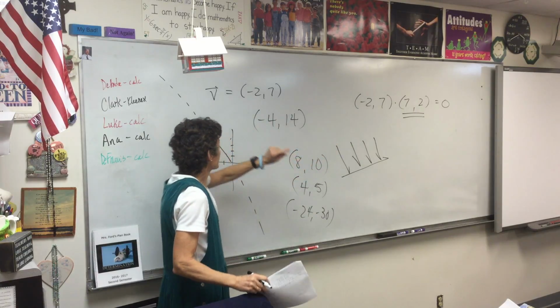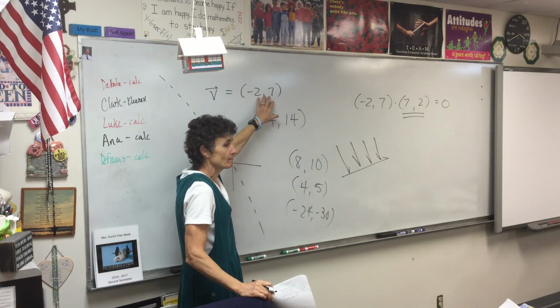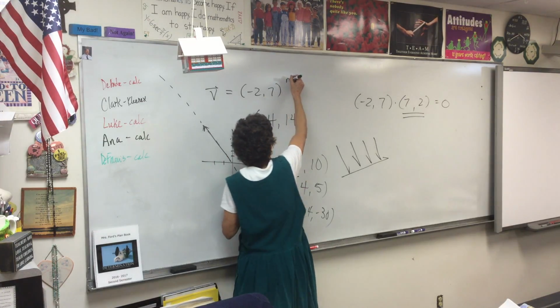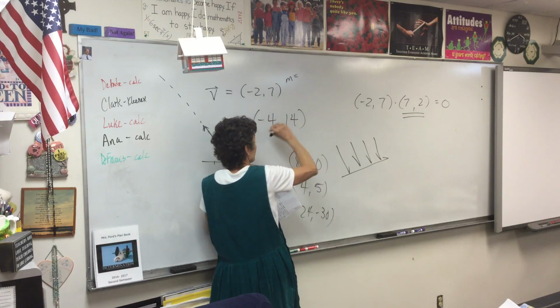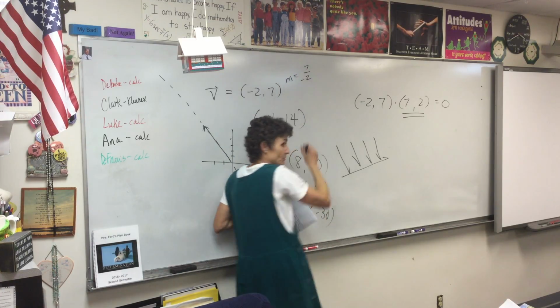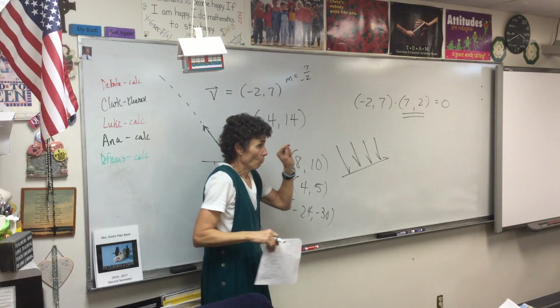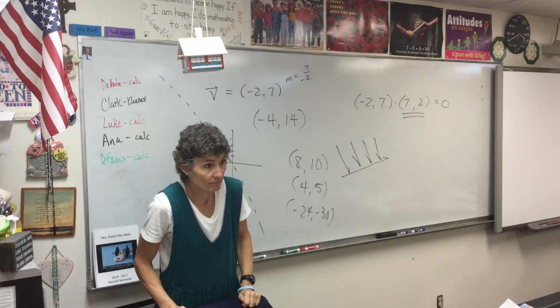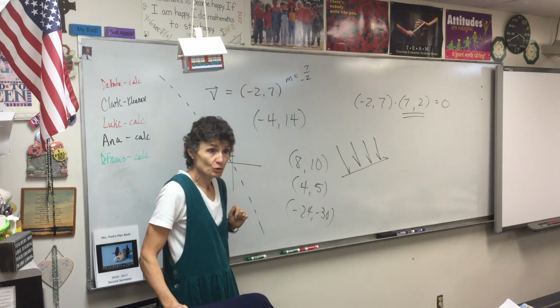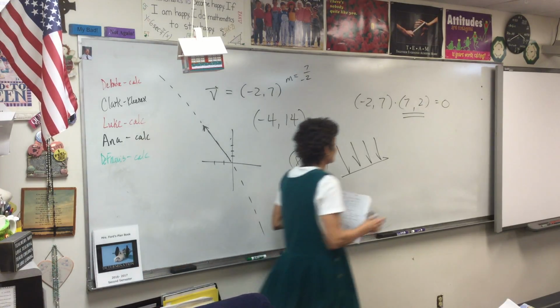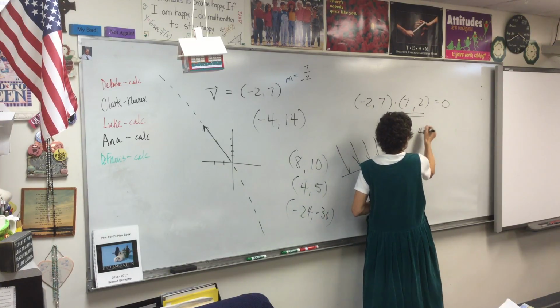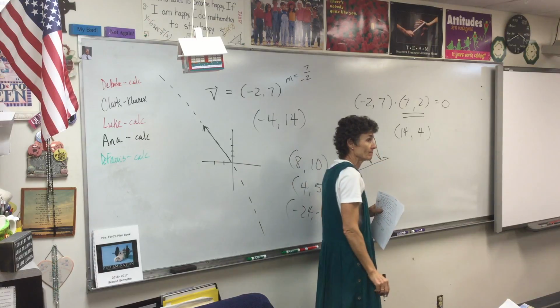Think about this for a second. How does this vector move? Left 2, up 7. So what's its slope? What's the slope of this vector if it goes left 2 and up 7? 7 over negative 2. What do you know about every perpendicular vector then? It will have a slope of positive 2/7. So this is a vector whose slope is 2/7. What about this one? Would this be an orthogonal vector?